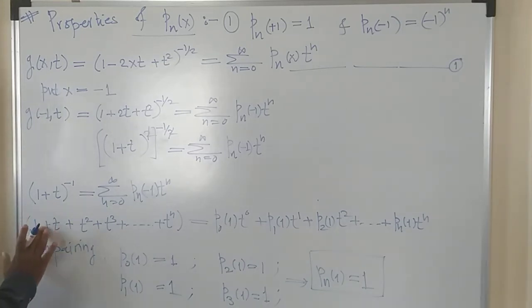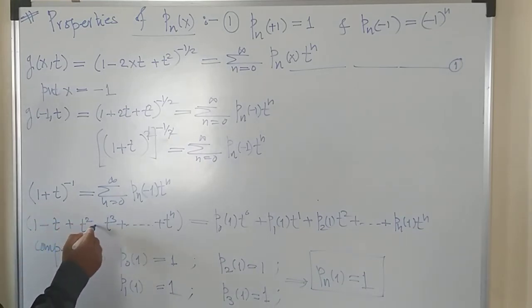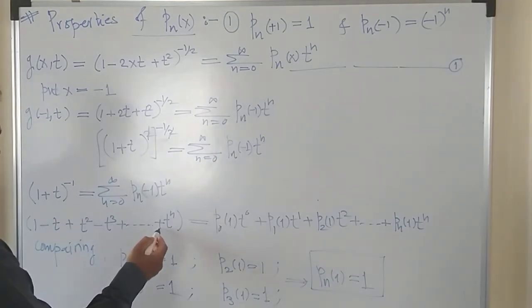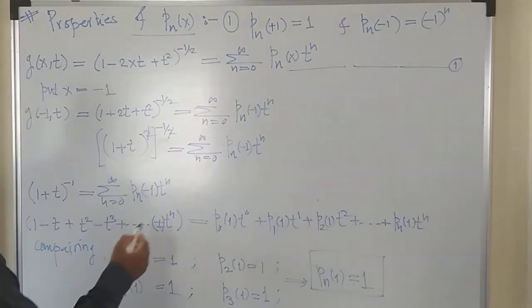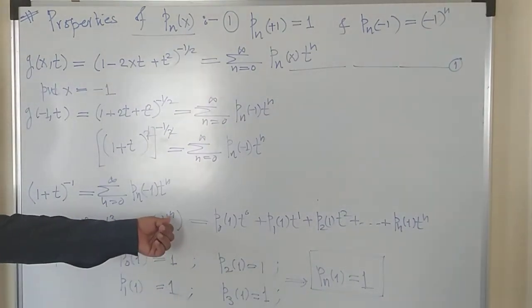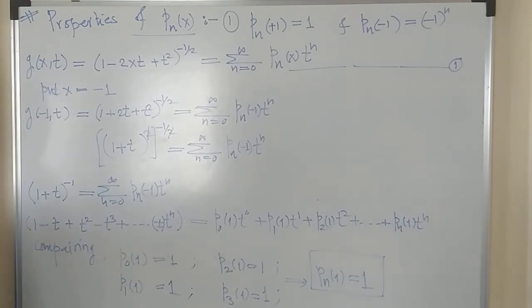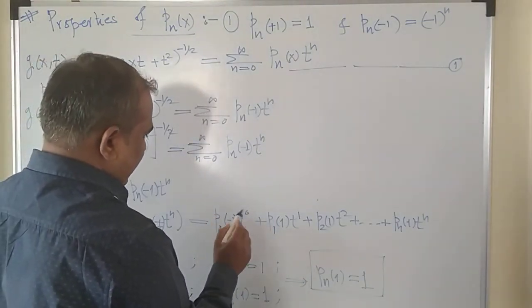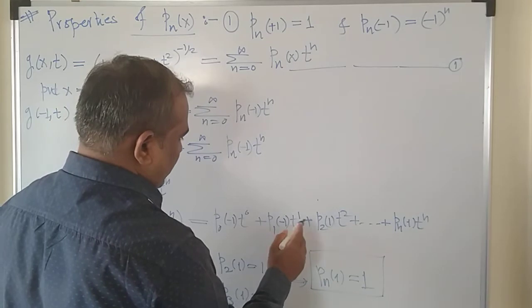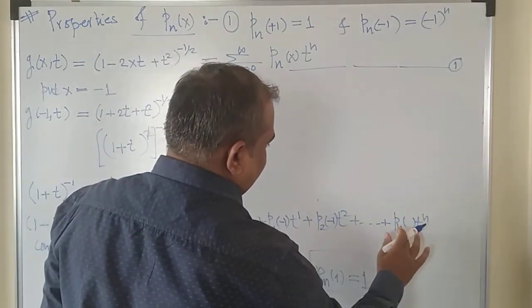So this is 1 minus t plus t square minus t cube plus t raised to power 4, and here of course you will get plus minus sign and t raised to power n depending upon the odd number. If n is odd, here you will get a negative sign. If n is even, here you will get a plus sign. And on this side, only you can change 1 to minus 1, and you will get Pn of minus 1.